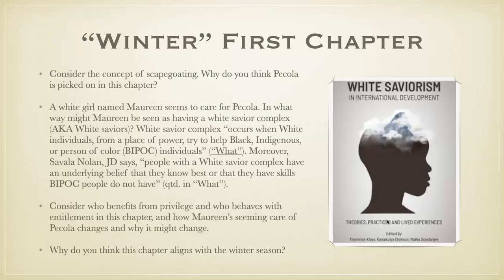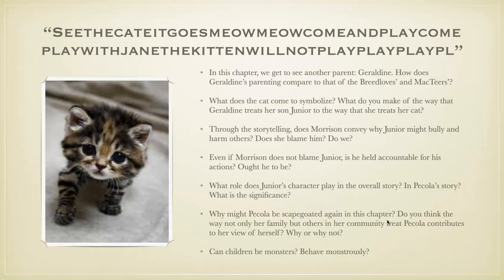I think it's important to consider who benefits from privilege and who behaves with entitlement in this chapter, and how that is related to race, also to socioeconomic standing, and other elements as well. And in what way does the action in the chapter align with the winter season?